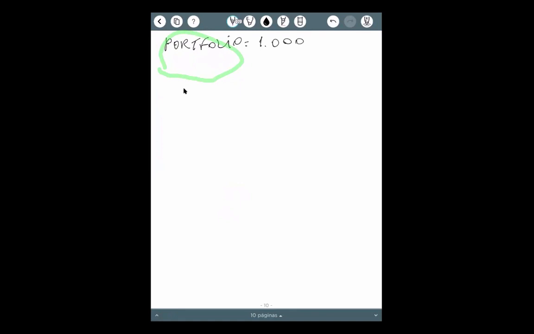It's 1,000. The second number that you need is the annual cost. The annual cost of the PMO. Okay, let's suppose that is, let me use 1 million here, and I'm gonna use 1,000 here.